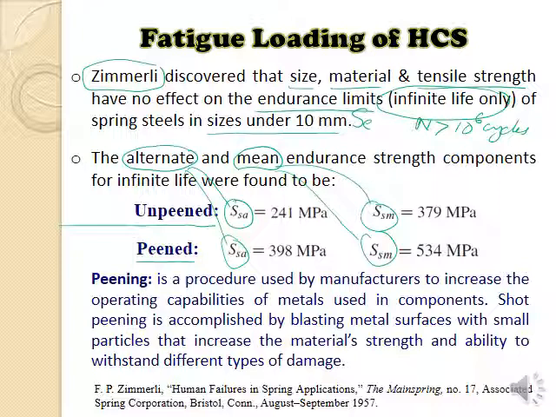So what is peening? Peening is a procedure used by manufacturers to increase the operating capabilities of metals used in components. One of the methods is called shot peening, and it increases the material's strength. And you can see from here that this one is greater than this one is greater than this because of the peening process.